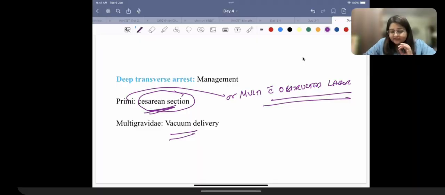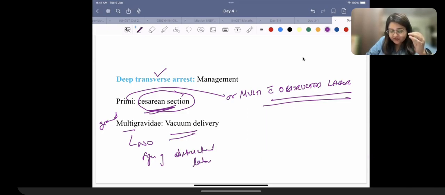But sometimes DTA happens in a multigravida, especially grand multigravida, where there is no problem in the pelvis. Then why is it getting stuck? Because of lack of resistance from the pelvic floor. The pelvic floor is very lax. So internal rotation cannot be completed. In such a case, when there are no signs of obstructed labor, you can deliver them by doing a vacuum delivery.